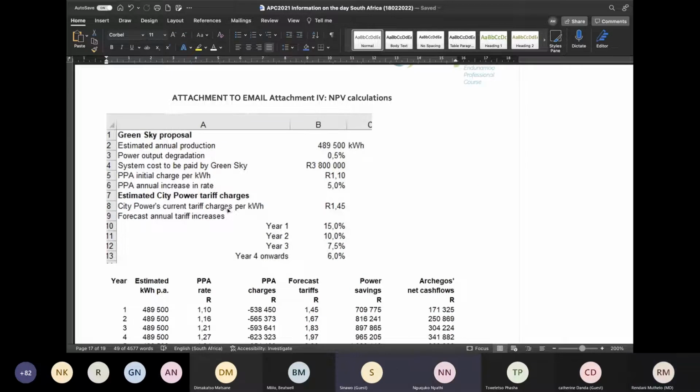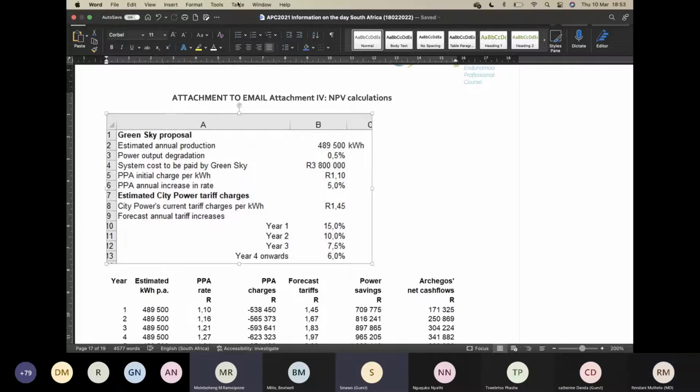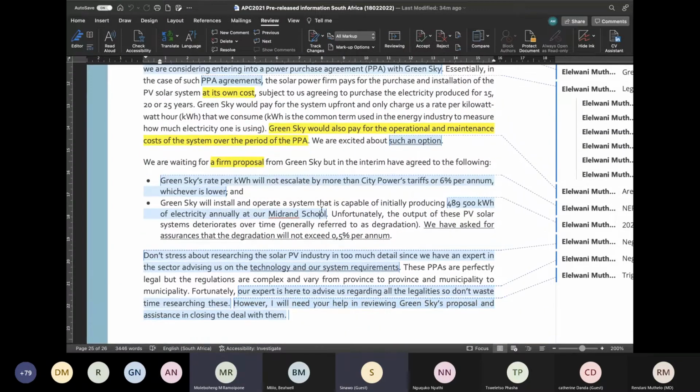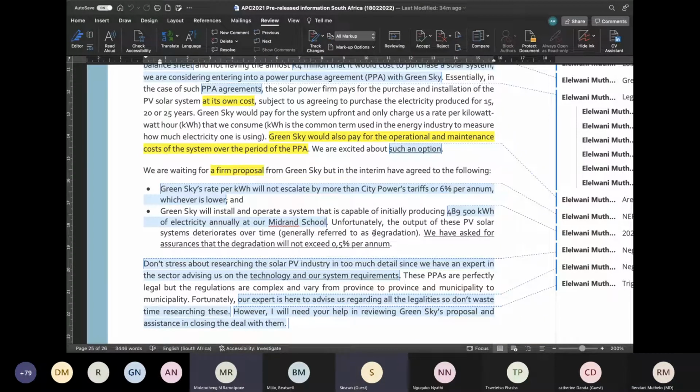I think there's a new hand. Oh, sorry. Please go for it. I didn't see it, but happy for you to go. Hi, Rendani. I have a question. I think I understand the explanation you just made, but going back to the pre-release information, the part where they said we would still need to purchase electricity from City Power, but would like to do that at a bare minimum, I'm a bit confused.